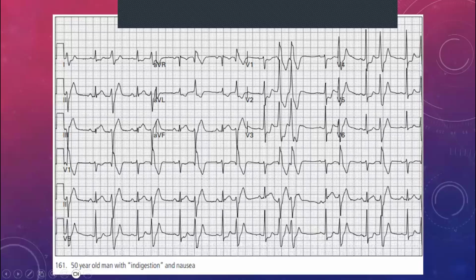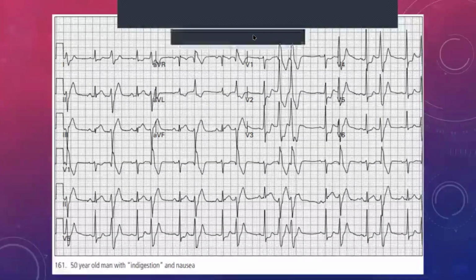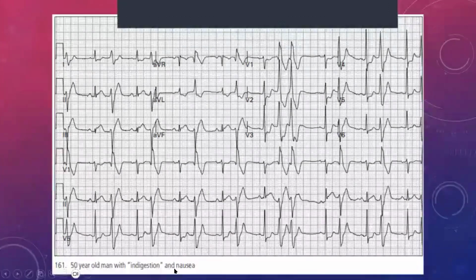Okay, all right. So let's get started, and let's look at this horrifying ECG that we've got over here. So we've got a 50-year-old male with indigestion and nausea. The first thing we realize is we've got an elderly man, even though it just says indigestion, but indigestion in an elderly person won't necessarily lead you to an ECG.